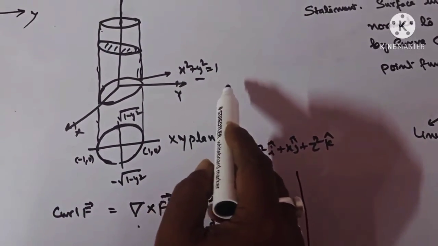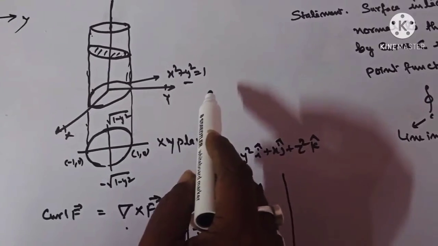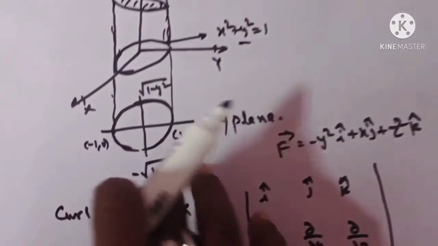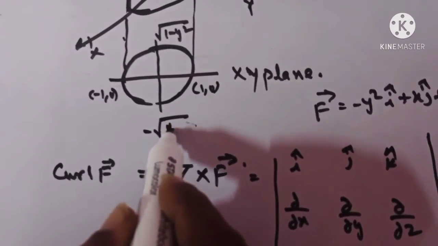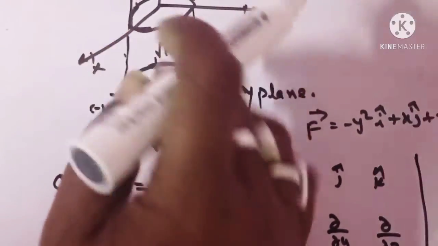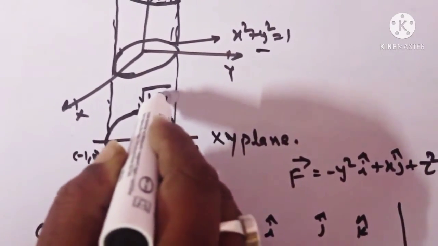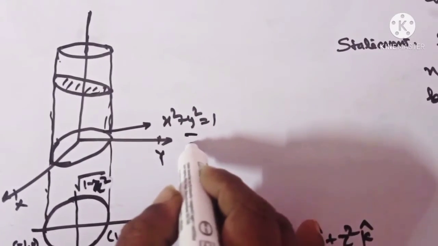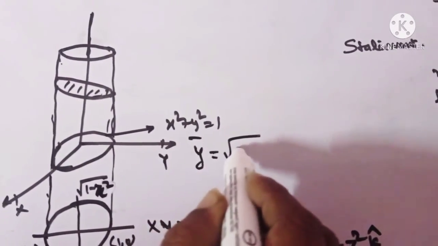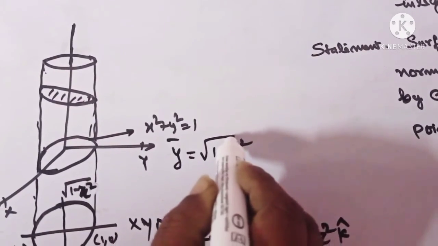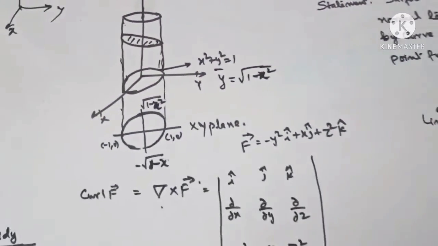So y square is equal to 1 minus x square, I made a mistake earlier. So y will be equal to root over 1 minus x square. This is your y value.